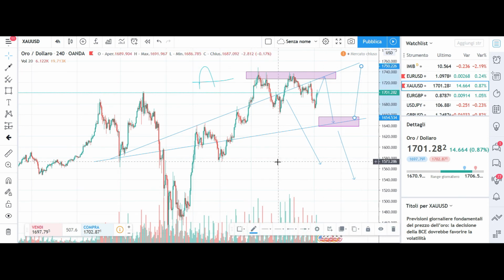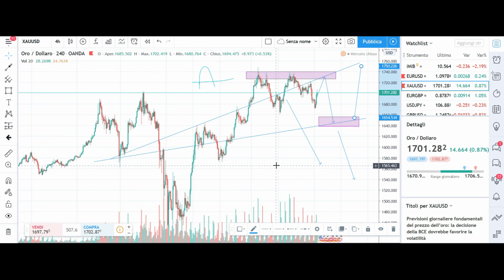I was actually talking to some of my trader friends, and they were looking only for long positions in gold, and I was quite surprised. They think that gold could actually reach the 1800 level or even more, so go above 1800.